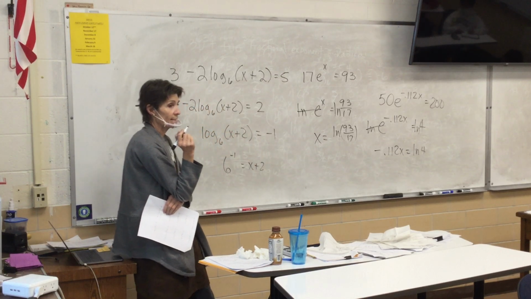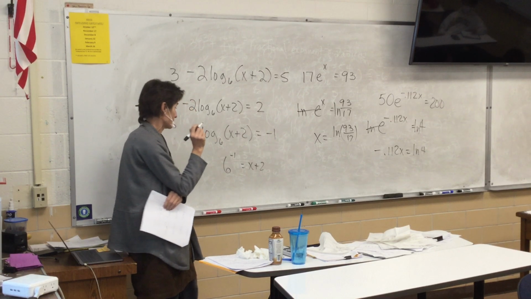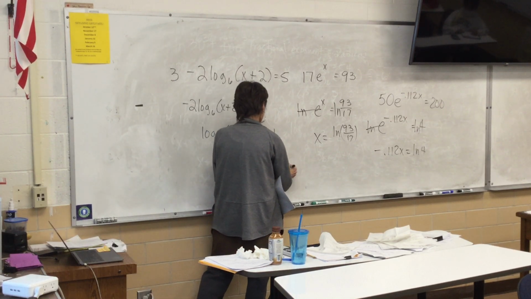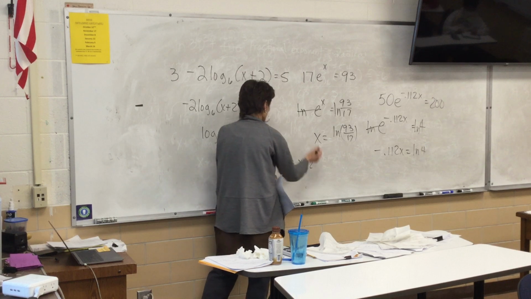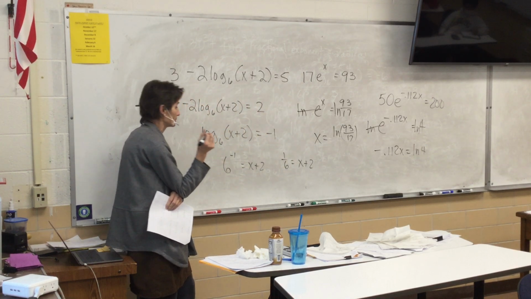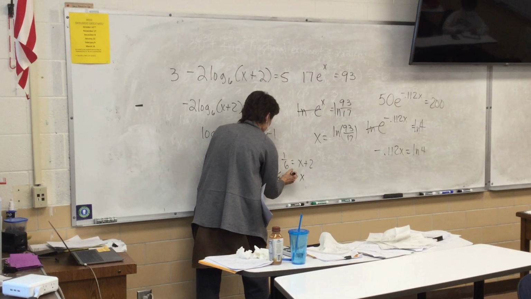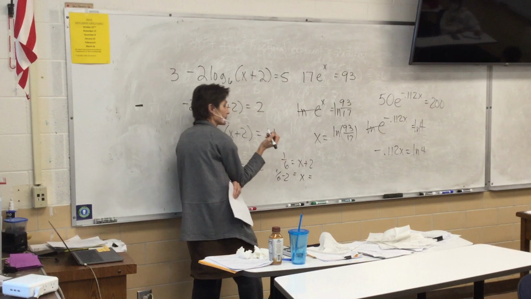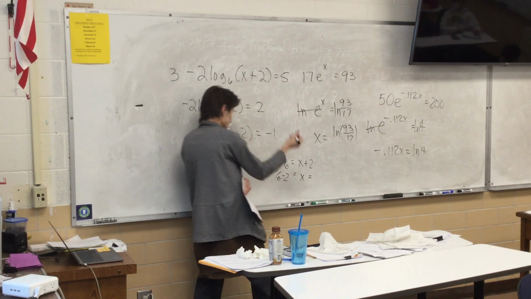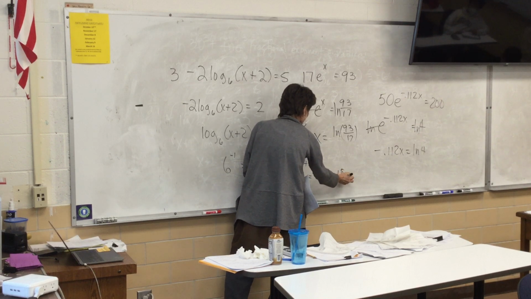What is 6 to the negative first without my calculator? 1 over 6. So 1 over 6 equals x plus 2. So x equals 1 over 6 minus 2, which is -11 over 6. So you could say negative 11 over 6 or negative 1 and 5/6.